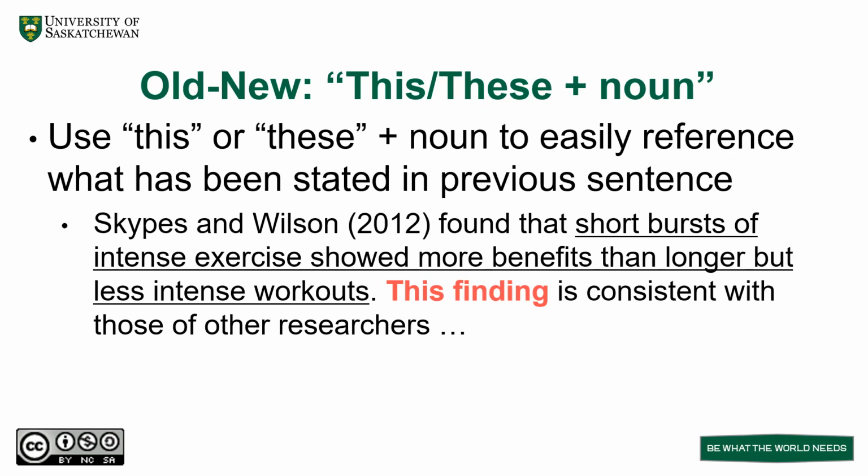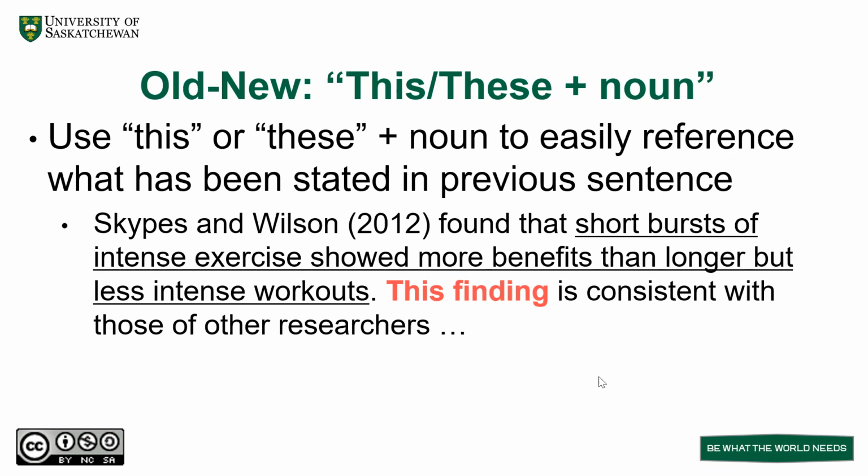So we can substitute those words with this or these plus a noun, and often that will be an abstract noun. So let's see it in action. Here: Skypes and Wilson found that short bursts of intense exercise showed more benefits than longer but less intense workouts. This finding is consistent with those of other researchers.